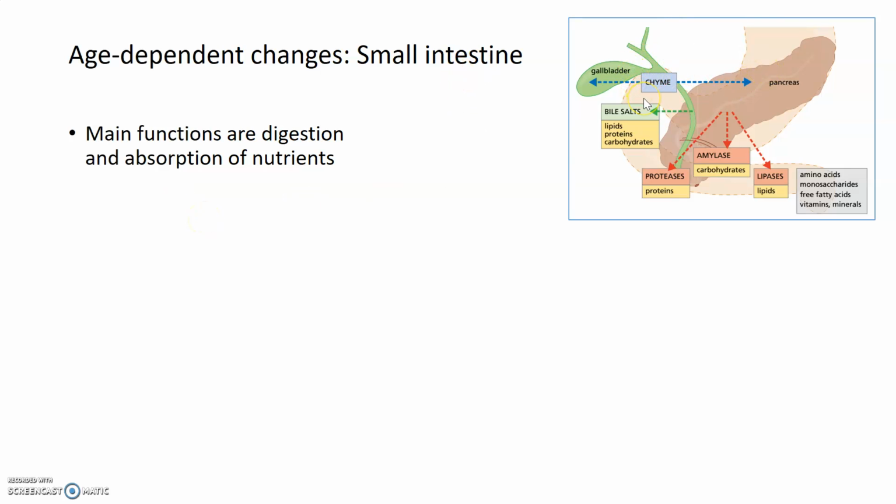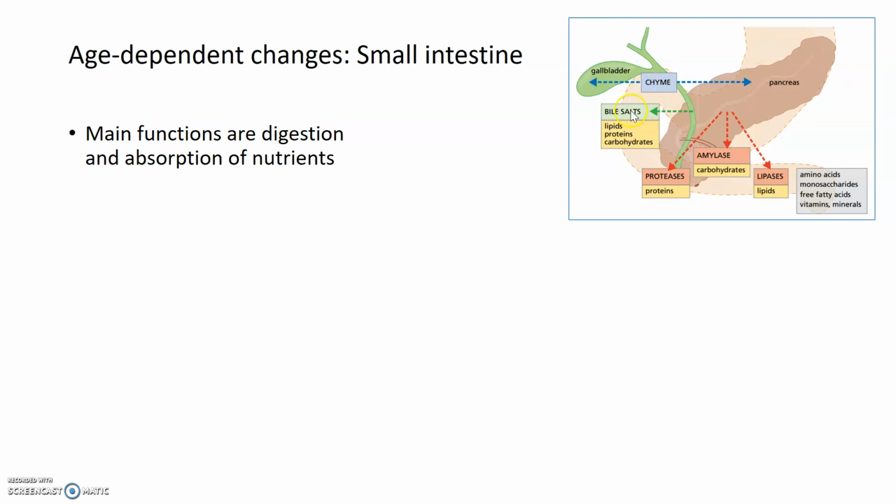And when food that is digested in this liquefied form called chyme enters into the beginning of the small intestine, that chyme actually signals accessory organs like the pancreas and the gallbladder to secrete digestive enzymes that further help to digest the chyme in order to more adequately absorb different nutrients.